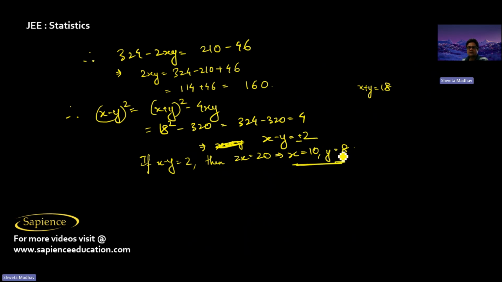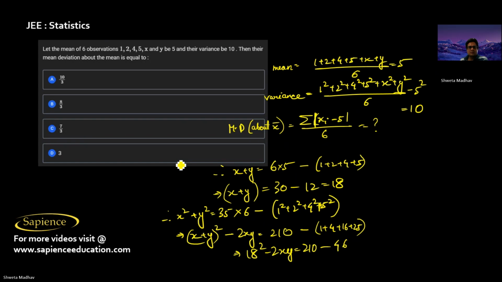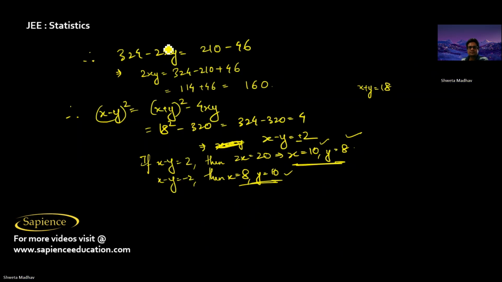So 10 and 8 only, it's the same set of values you will get.